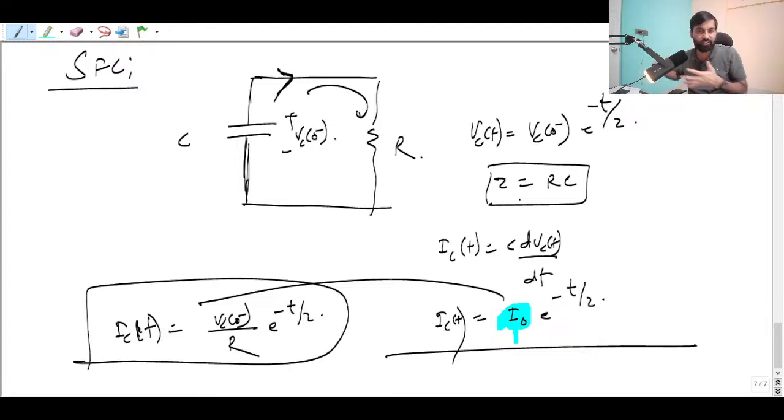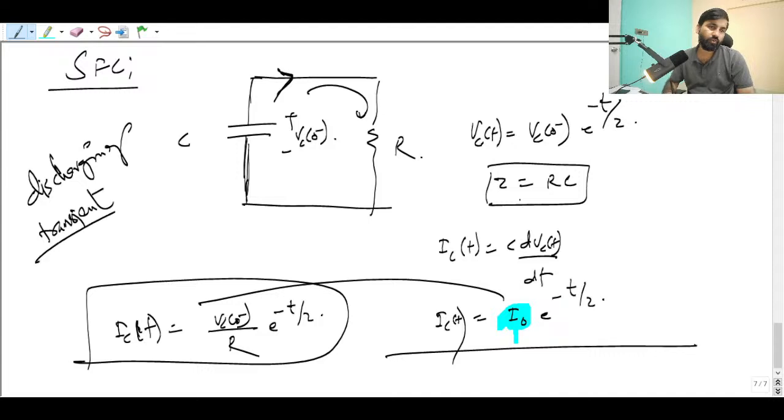Your capacitor is going to discharge. It is a discharging, transient situation. So in this question, you had to find the energy dissipated by the Zener diode. That was very easy, right?